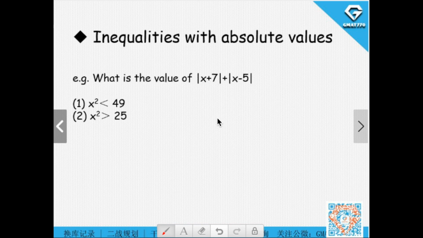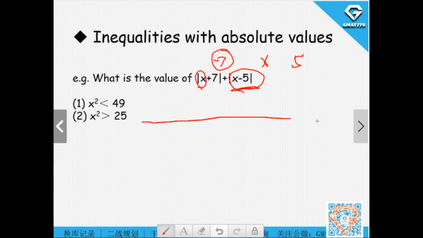So the absolute value of x plus 7 can be seen as the distance between point x and point negative 7, and the absolute value of x minus 5 can be seen as the distance between point x and point 5.